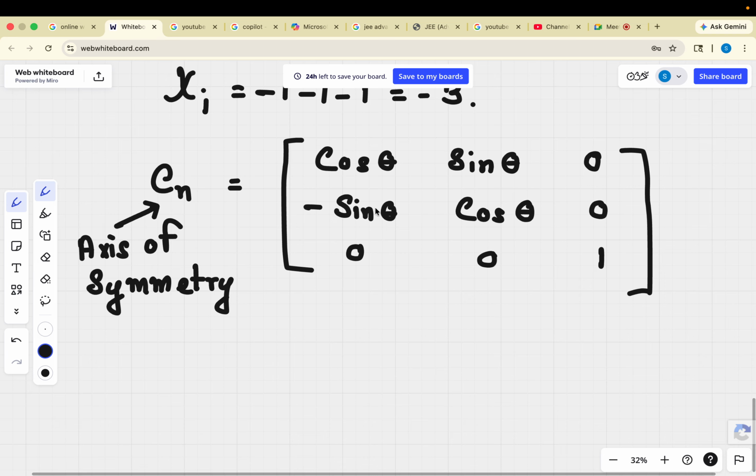So what I am getting: cos theta sin theta 0, next minus sin theta cos theta 0, and lastly 0 0 1. So this formula you can remember.